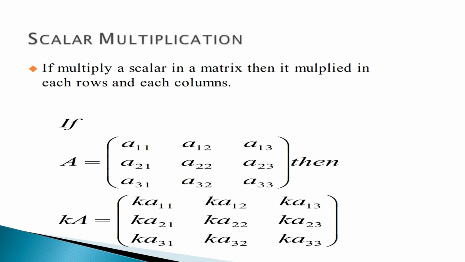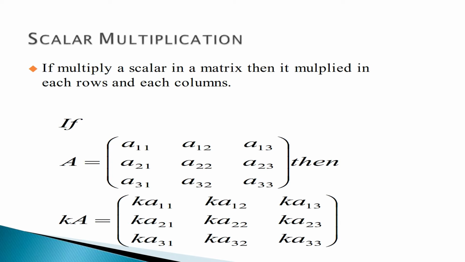Next, what is scalar multiplication of matrices? If we multiply a matrix by a scalar, then the scalar is multiplied into each element of the matrix. That means the scalar is multiplied in each row and each column. Suppose A is a 3 cross 3 order matrix with elements a11, a12, a13, a21, a22, a23, a31, a32, a33.